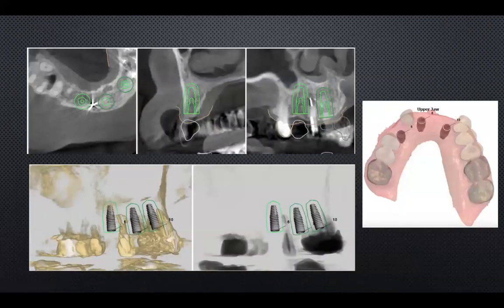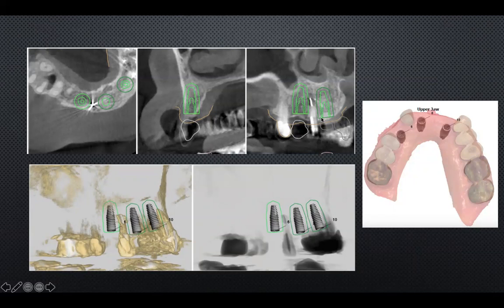So how does it look for bridges or implant supported fixed partial dentures? Basically the same steps. You merge the scans into the system, and then you design your bridge. As you can see here, we have one abutment and here the other abutment, and you play with the design mesiodistally, faciolingually, to where you like it.